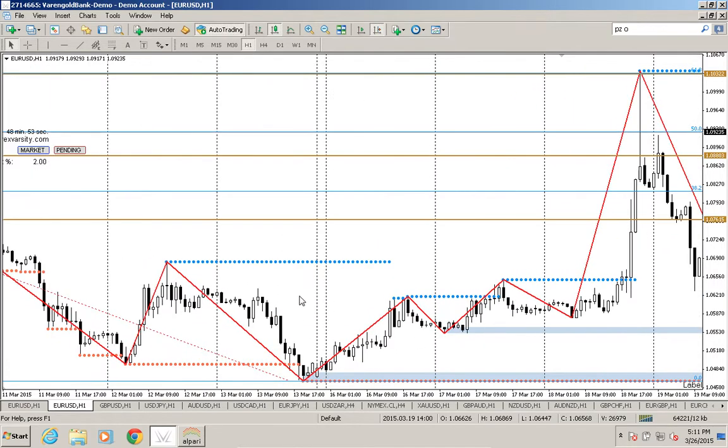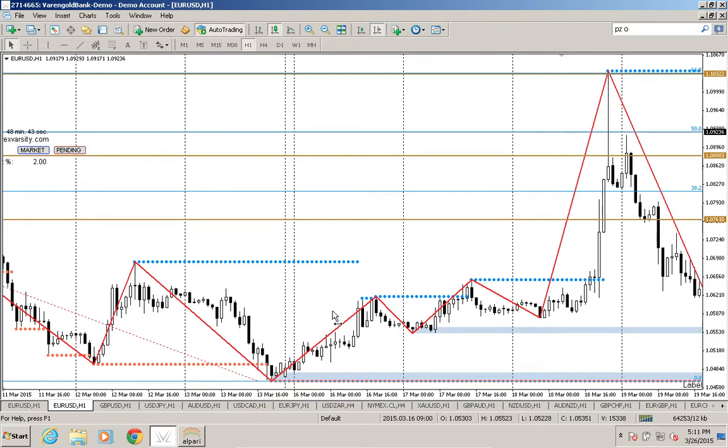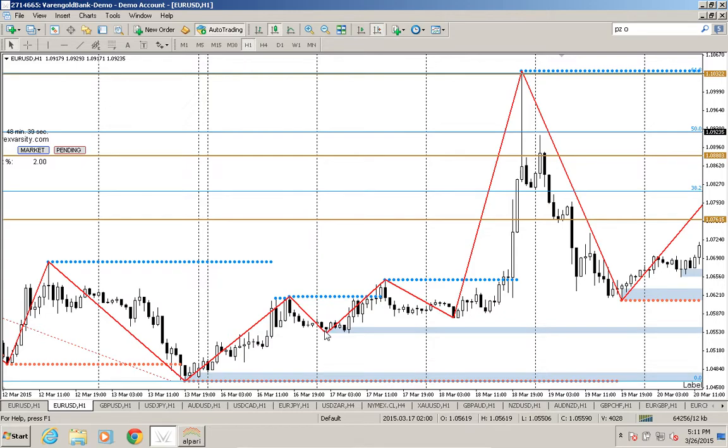The uptrend started on the 13th of March. If you see on the 13th of March, we had a low, and then our next low was on the 17th of March. But that low was higher than our previous low, so it's a higher low.